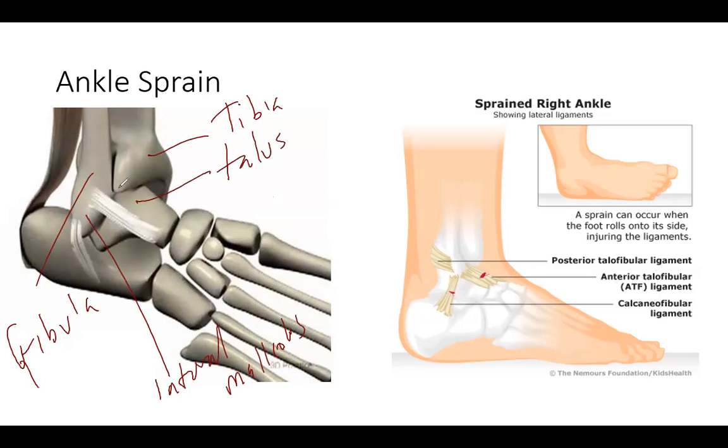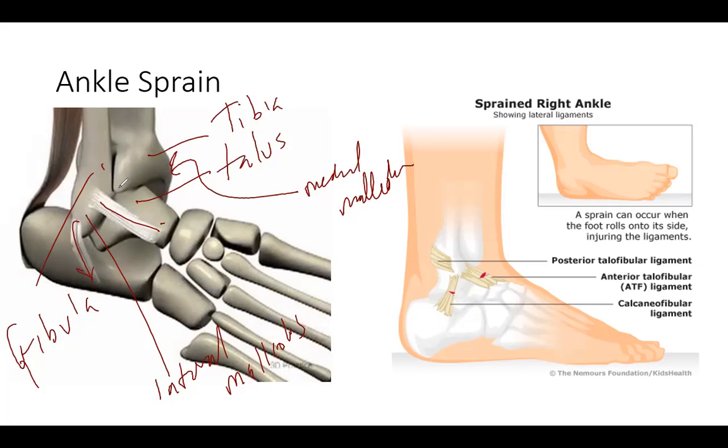Here, the medial malleolus is around there on that side. Medial malleolus. And so we have these ligaments here and here that are holding the end of the fibula, the lateral malleolus, to the talus and to the calcaneus here.